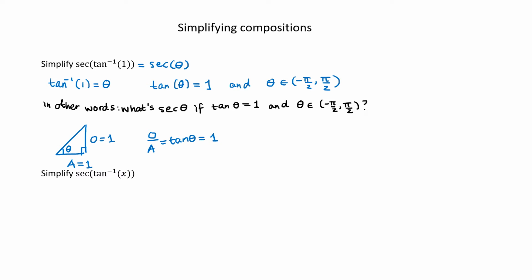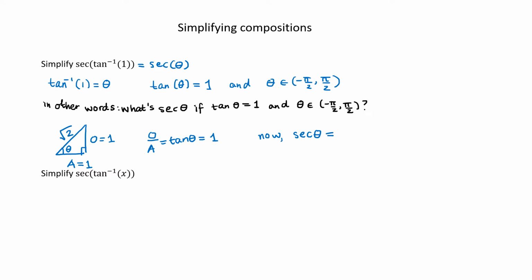Now, because it's a right triangle, we can use the Pythagorean theorem to fill in the remaining side. So we'll take 1 squared plus 1 squared to get the square of the hypotenuse. So our hypotenuse is square root of 2. Now we are looking for secant of theta.